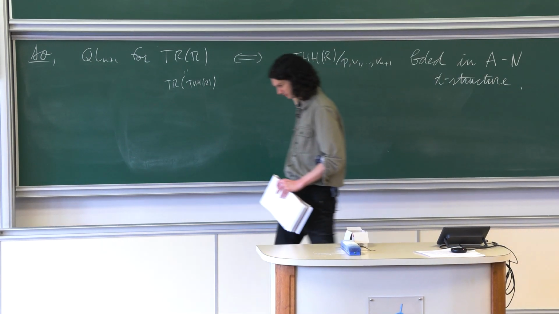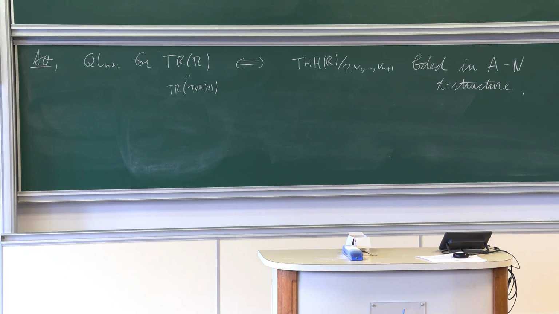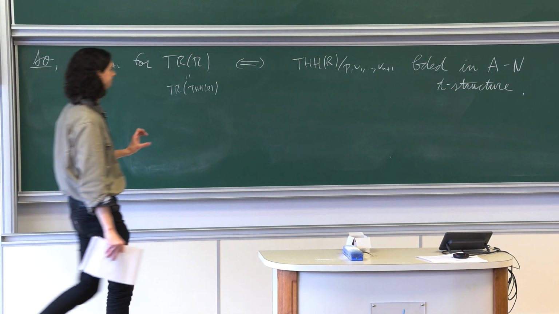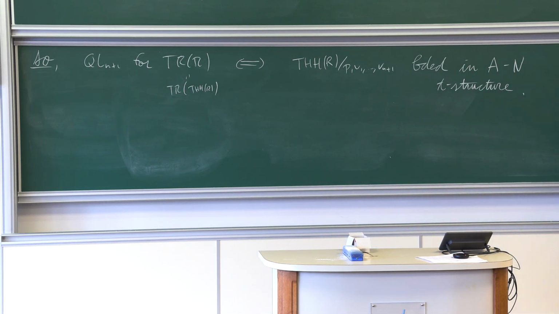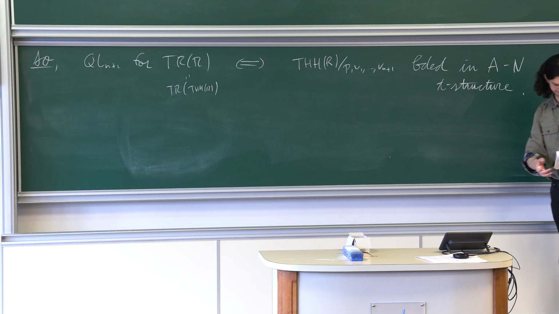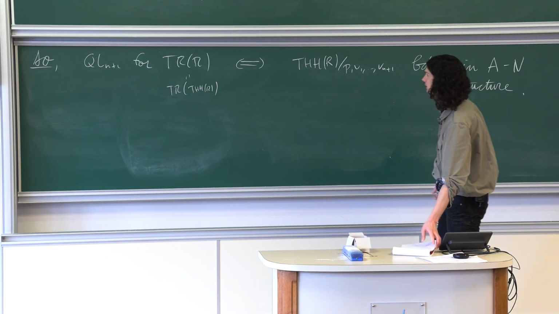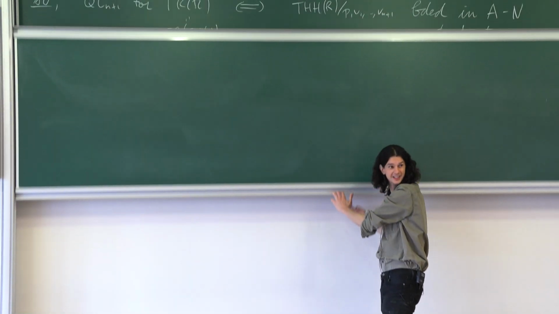So the whole structure that you need to form TC, which is the cyclotomic structure, lives in a bounded range of degrees. Or I should say, the whole structure you need to form TC mod P, V1 up to Vn plus 1. Okay. Any questions?